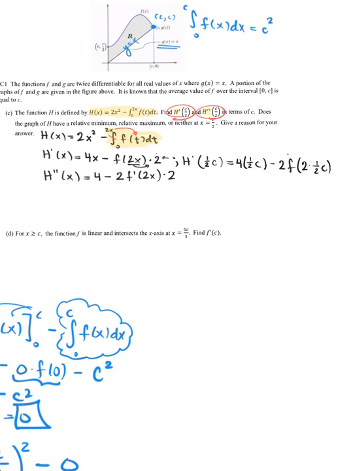This is the part right here that's not finished, because that's not in terms of c but f of c. So I need to go one step further on that. So half of 4 is 2c, and then minus 2 times, oops, I forgot my 2, so let me get that in there. So 2 times 1/2 c is the same as f of c, right? So f of c, and then again I know from this point right here, even though this says g of c, it's an intersection point, so that means it's also the point on f of x.